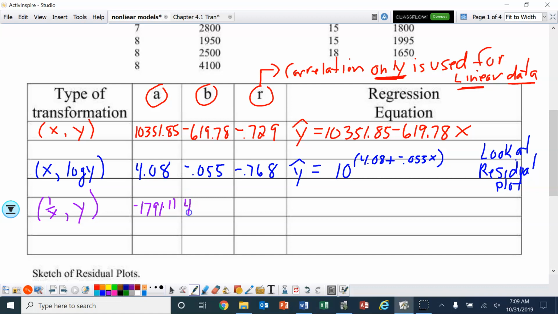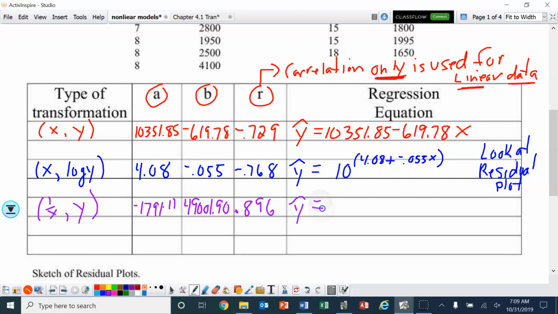The B value is 49,001.90. And the R value is 0.896. Now remember, it's the number that tells us the strength. The sign only tells us the direction. Okay, so it is stronger because it's 0.896. It's almost 0.9.